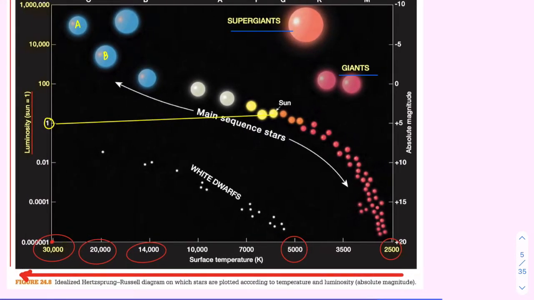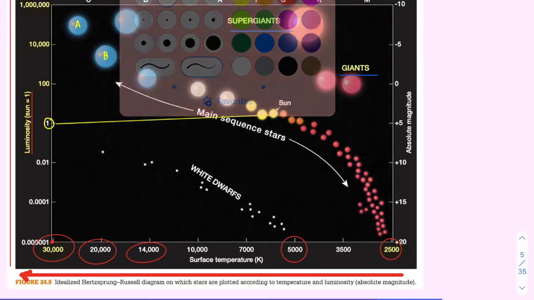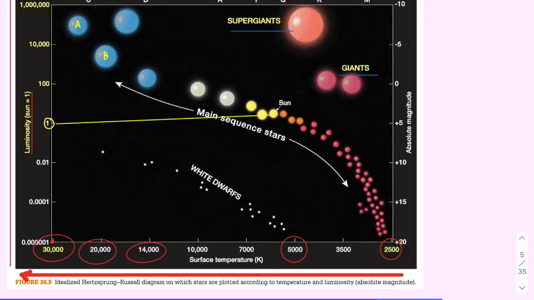Now, do note that, as you can see here, your stars that are relatively colder tend to have the color red, orange, yellow.